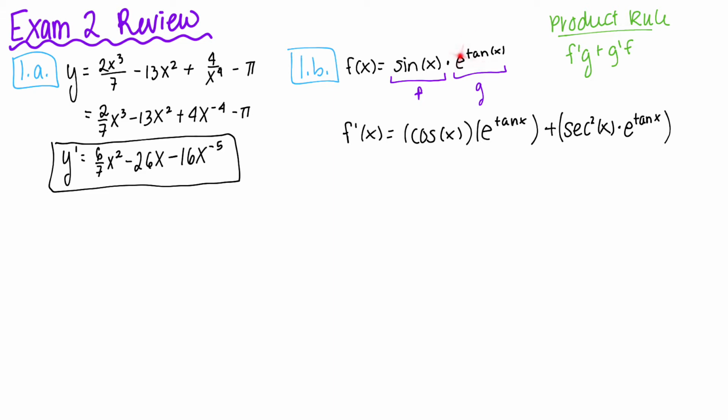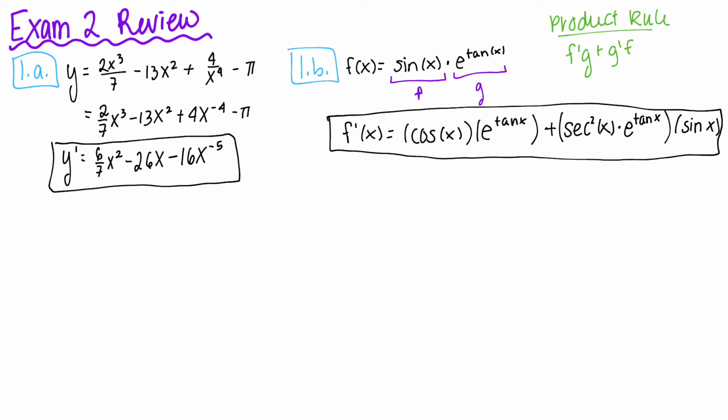So that's the derivative of e tangent x is secant squared x times e tan x, and then g prime, and then times f, which is sine x. So this bit right here was f prime, this was g, this was g prime, and this was f.